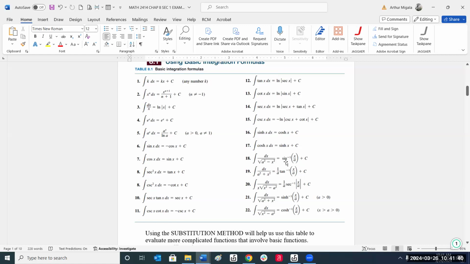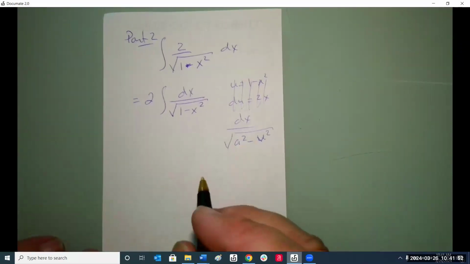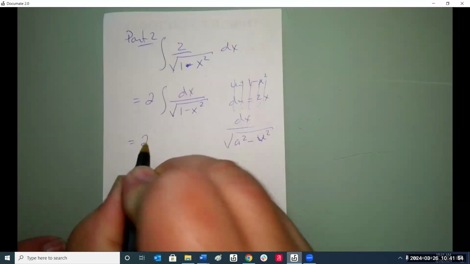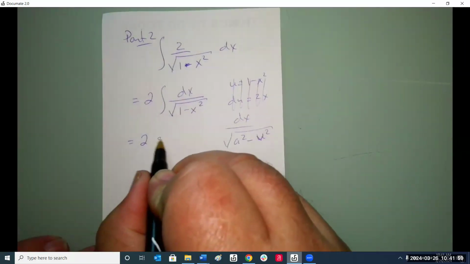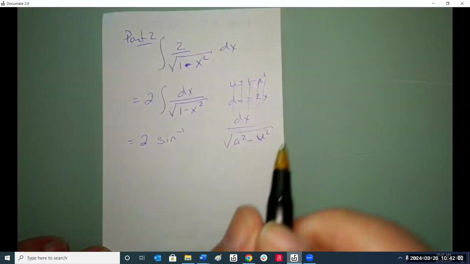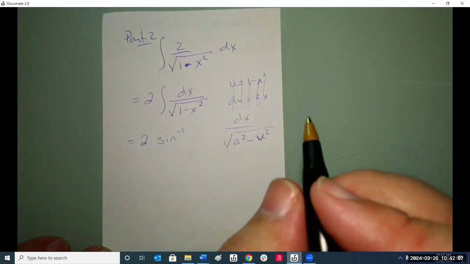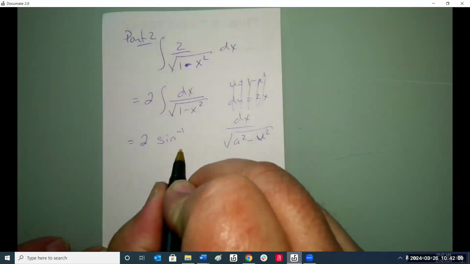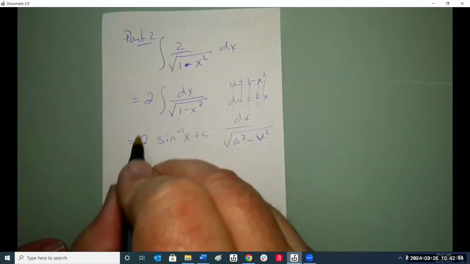That's going to be inverse sine by rule 18. So what that tells us is that this whole integral becomes 2 times the inverse sine of x plus c. And this is our second part.